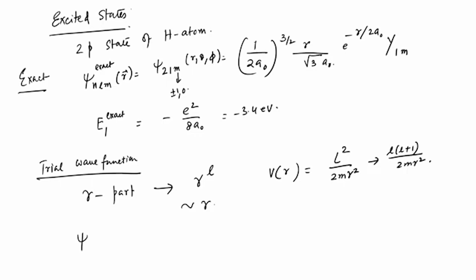So, we make an ansatz that psi 2 1 m trial, as a function of r, is 4 by 3 alpha to the power 5 to the power half, r e to the power minus r by alpha, and Y 1 m.